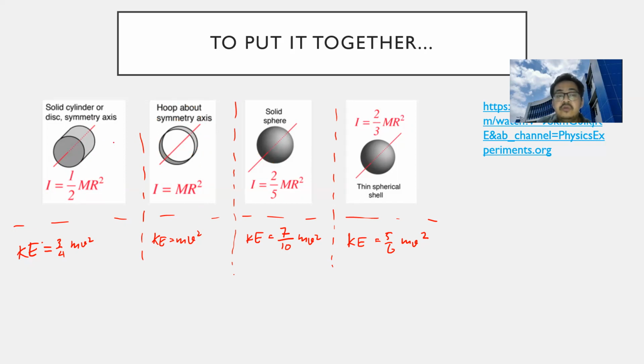So if we give the same input of energy, for example, the same value of potential energy, the solid sphere will be fastest because the moment of inertia is very small, and the solid cylinder is the second fastest, and the third fastest is the thin spherical shell, and the slowest will be the hoop.